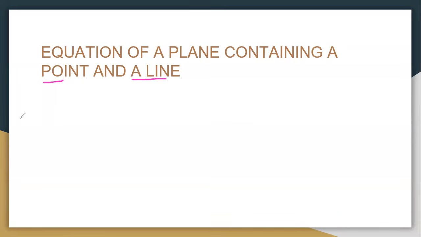What does it mean? I'll give you an example. We said that a plane means a flat surface. So let me say this is my plane, and I have a point on the plane, which I can call A. But I also have a line.